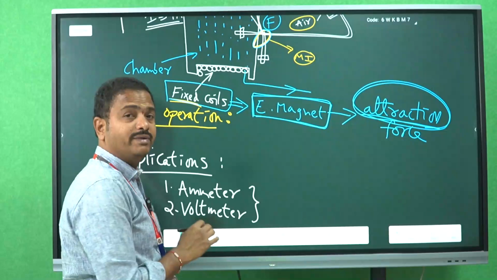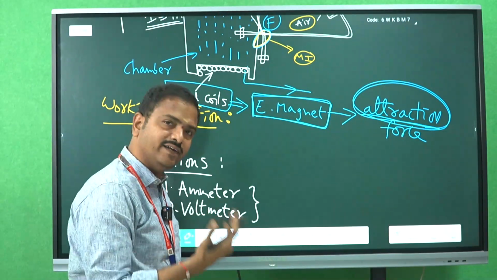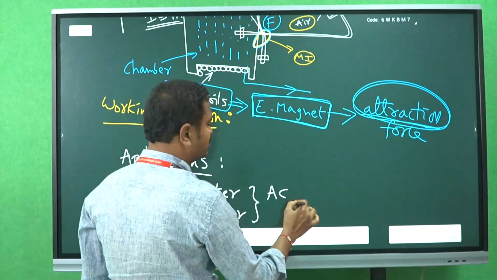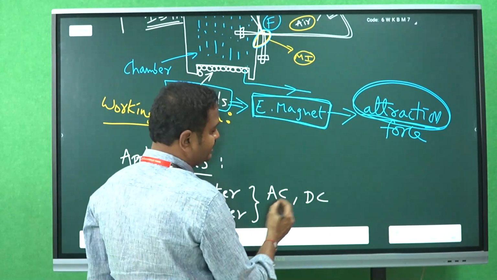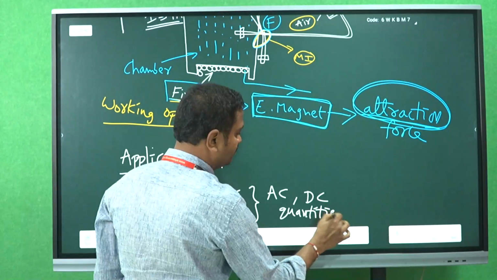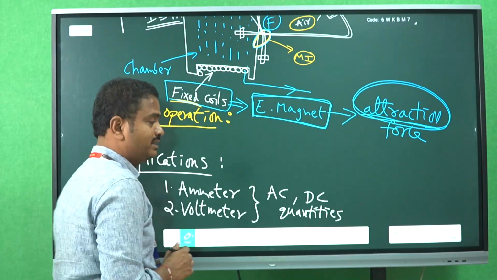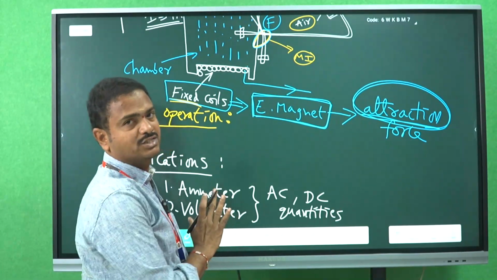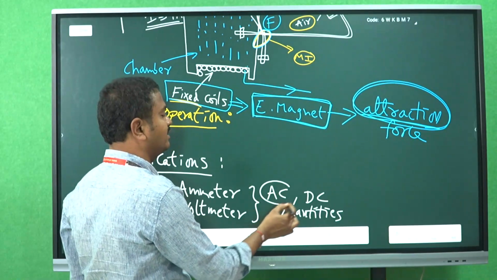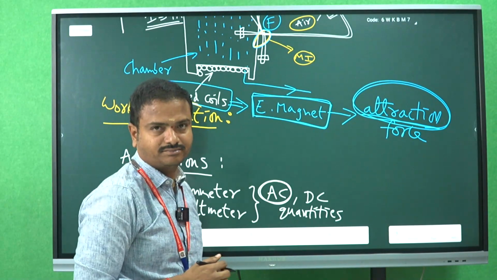This ammeter and voltmeter can measure both AC values and DC values. Okay, so MI instruments can measure AC values and DC quantities also. Both quantities are measured using MI instruments, but accurate results are obtained with the AC supply.